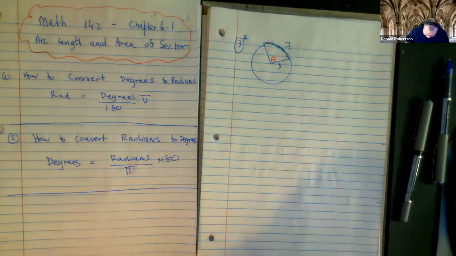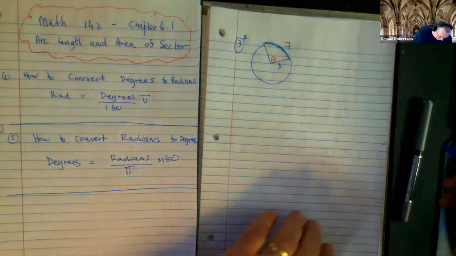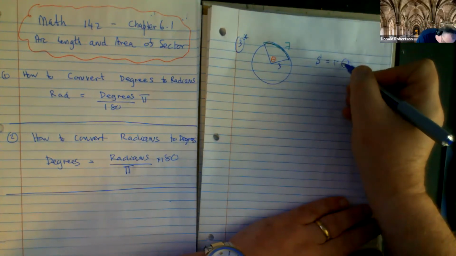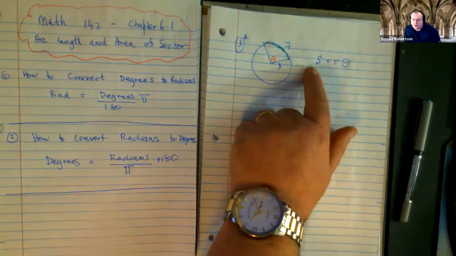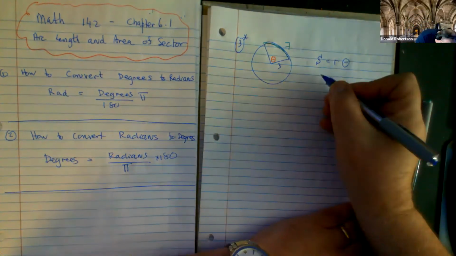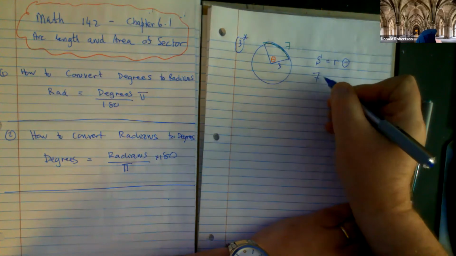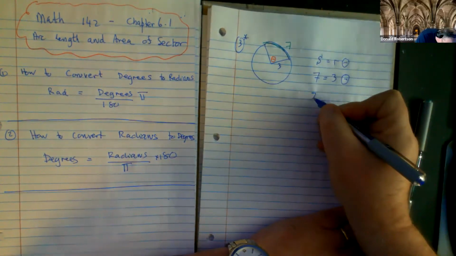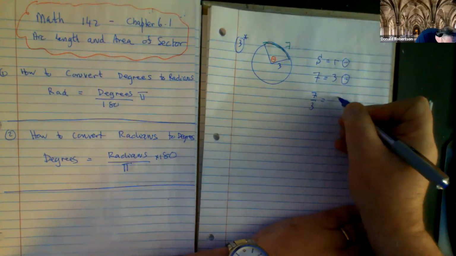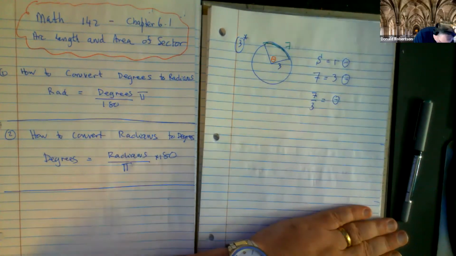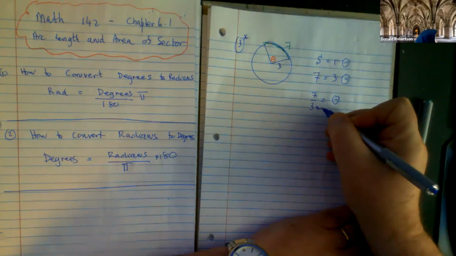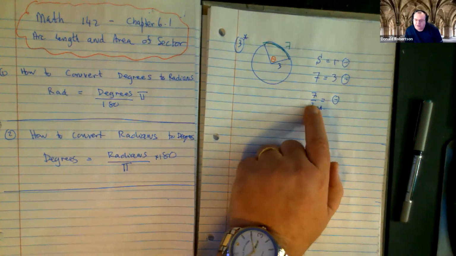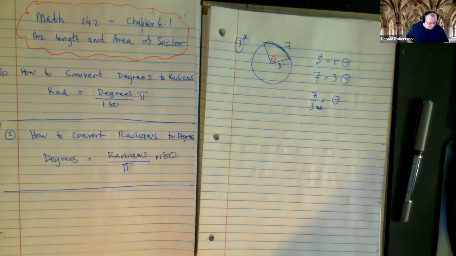Now that's not that difficult to do, because the arc length is r times theta. So you always start an arc length question with this. And that's 7, and that's 3, and this is theta. And so the answer would be 7/3. And when you use this formula and you don't do anything to it, the answer is 7/3 radians.